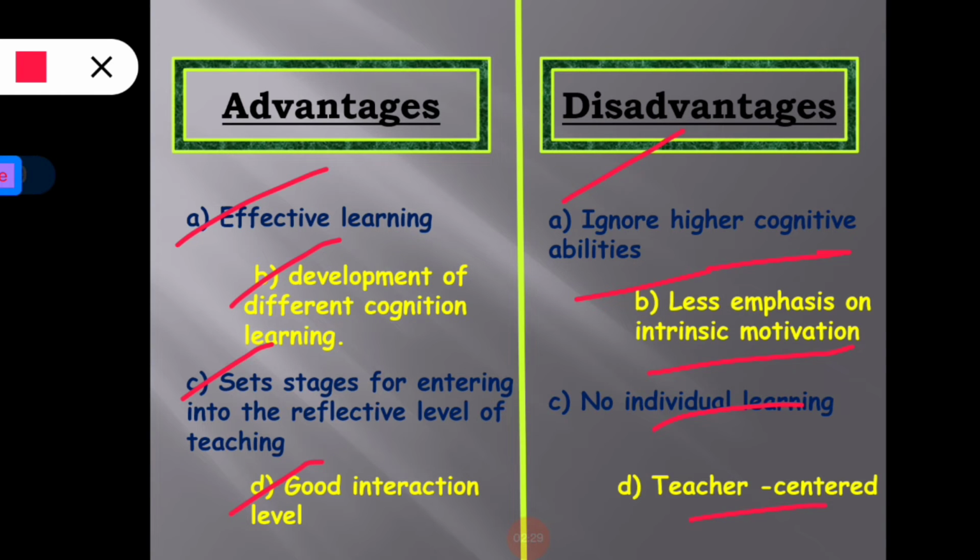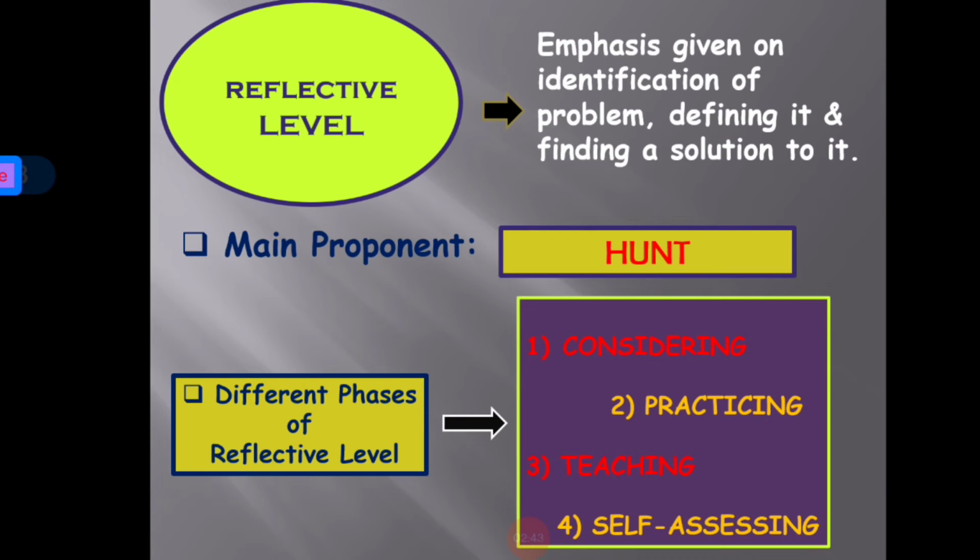So I think the understanding level of teaching is clear to everyone. If you have any query, please do comment in my comment section. Now move on to the next concept, that is the reflective level of teaching. At first we have to know what we mean by the reflective level.